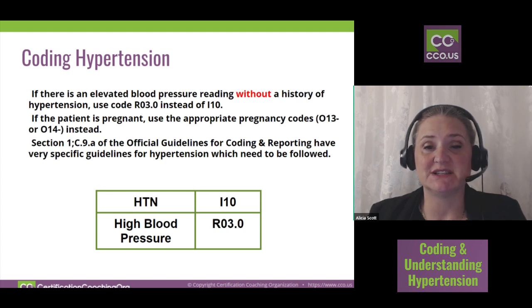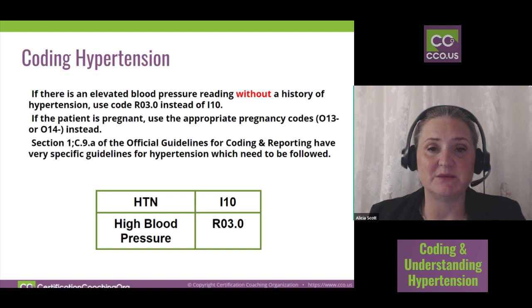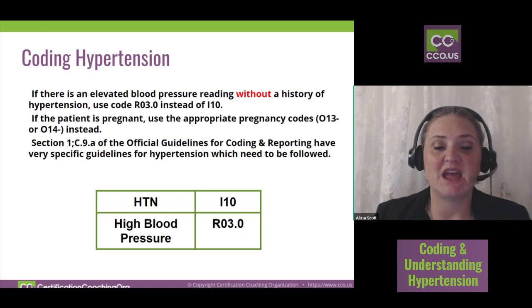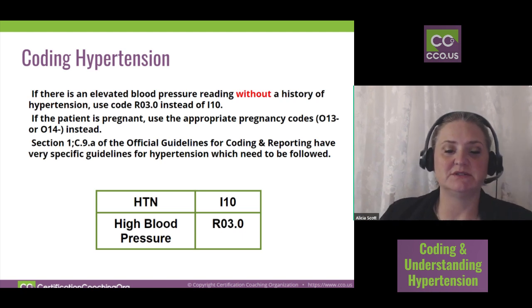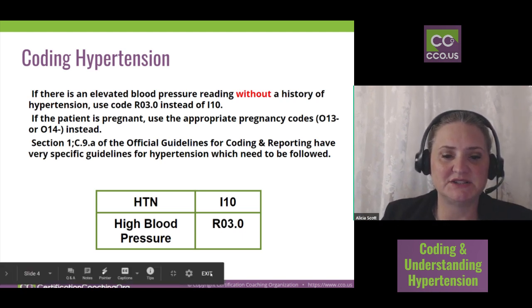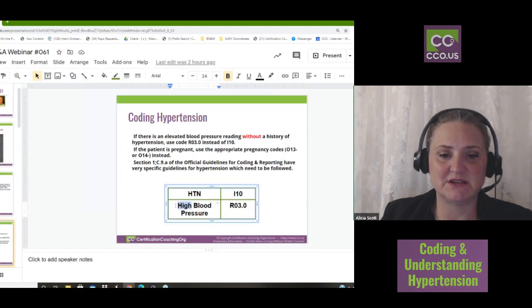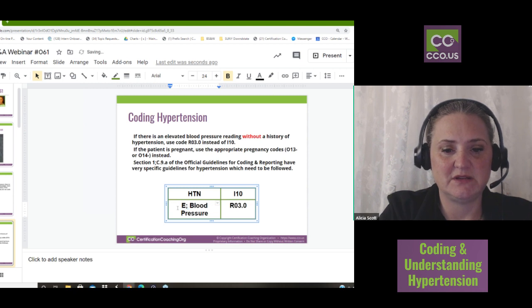Or you can make yourself this little box and just put HTN, I-10, and high. That's not supposed to say high blood pressure. That's supposed to say elevated blood pressure, R03.0. Okay, elevated blood pressure. Actually, let's just exit that real quick and change it while we're doing it because I don't want it to make us mess up.